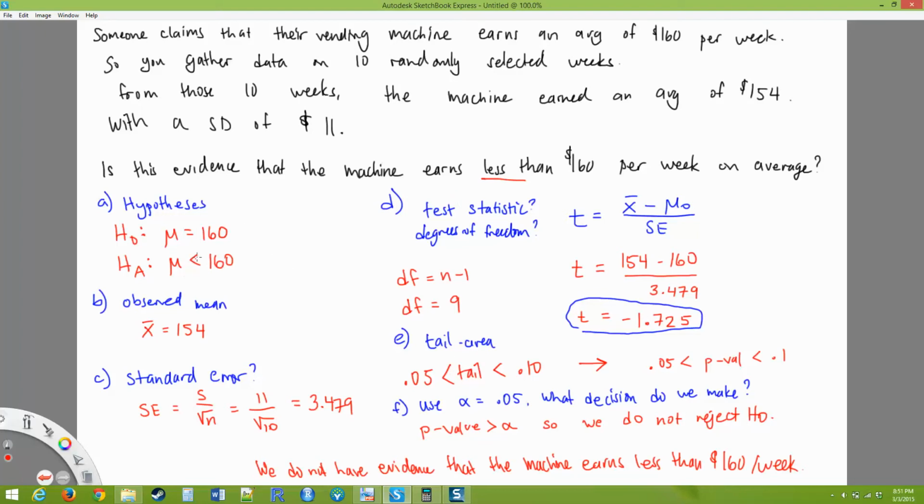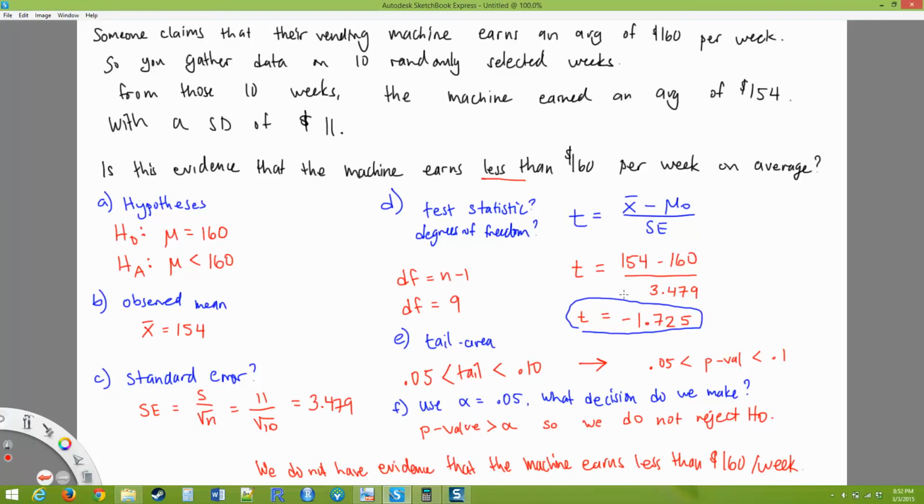So here, if you have a less than or greater than sign, it's a one-sided test. If you have a not equal sign, it's a two-sided test. And when you have a two-sided test, you double your tail area to get your p-value. Does that sound familiar? It should sound familiar, okay? Maybe you forgot these things, but it should sound familiar.